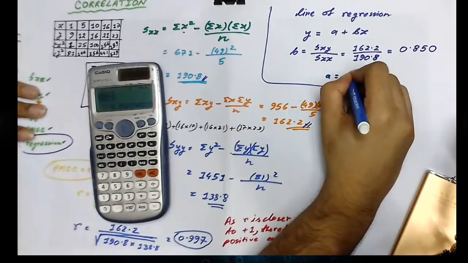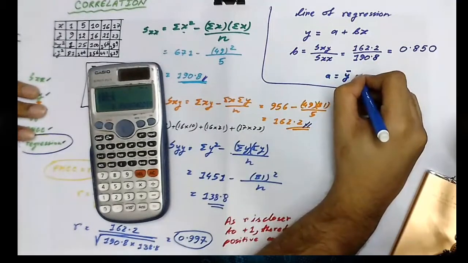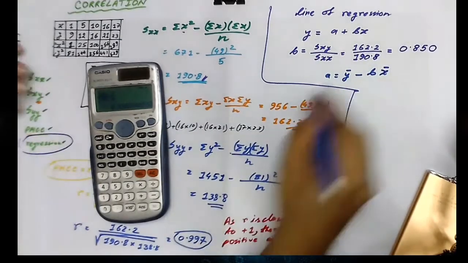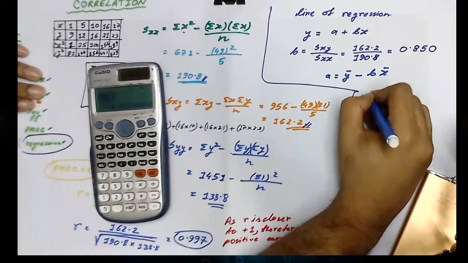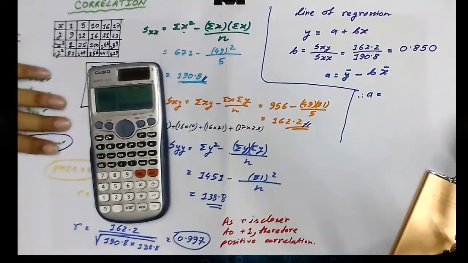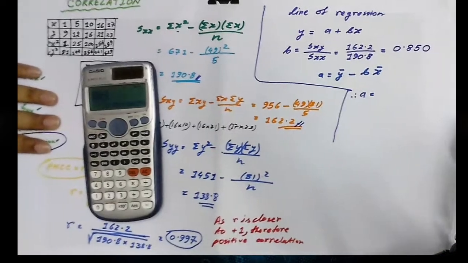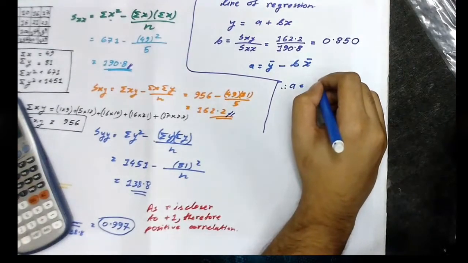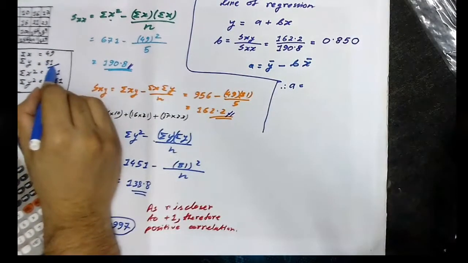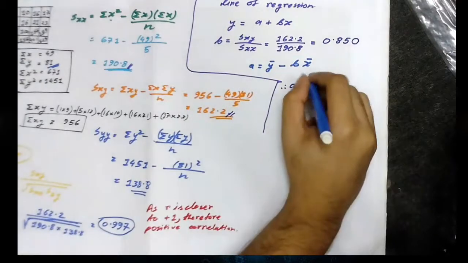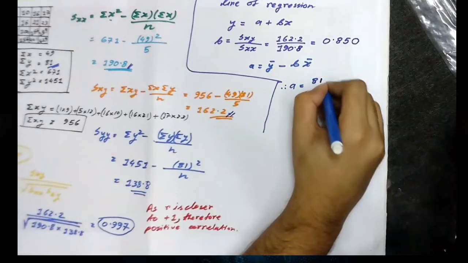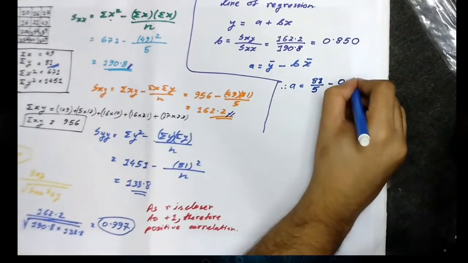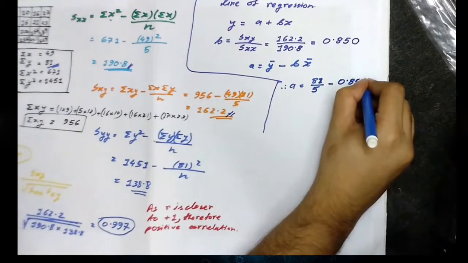So now about a. A is equal to average of y minus b into average of x. Now, how do we know average of y? For average of y, just take the summation of y and divide it by the number of terms we have. The summation of y divided by 5. So that is 81 by 5 minus 0.850.